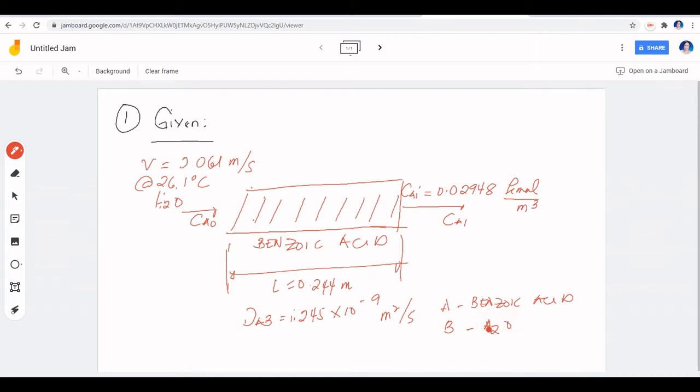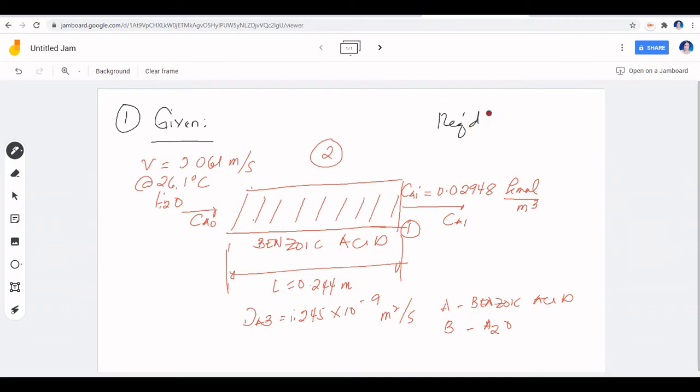Now, what else is important here that we're going to write down is that here on the benzoic flat plate, we will label this as location 1, and here on the bulk region where water is flowing above the benzoic acid flat plate, we will have this as location 2. Later on, we're going to make use of this assignment of location in the formula that we're going to use. Now, for the problem, we need to determine the following.